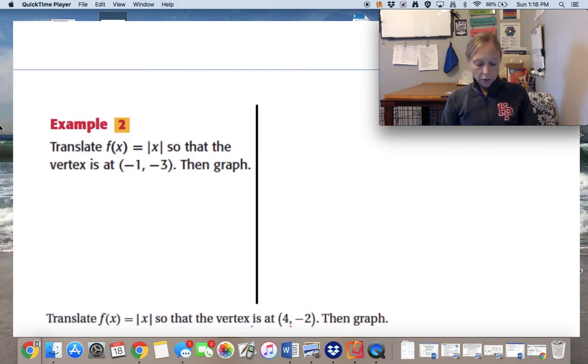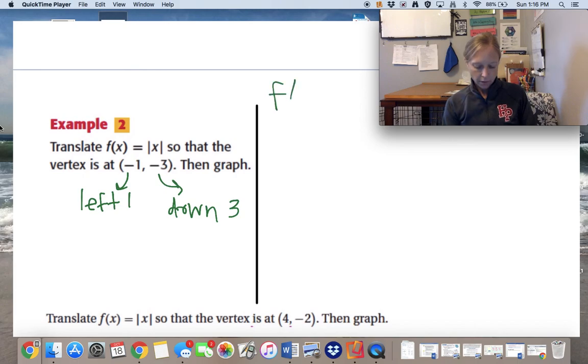All right, we're going to translate our parent function this time so that the vertex is at -1, -3. So let's write down what that means. If the vertex is at -1, it moved left 1. And if it's at -3, then it went down 3. So f of x equals absolute value of x minus h plus k. Oops, you can't see that.